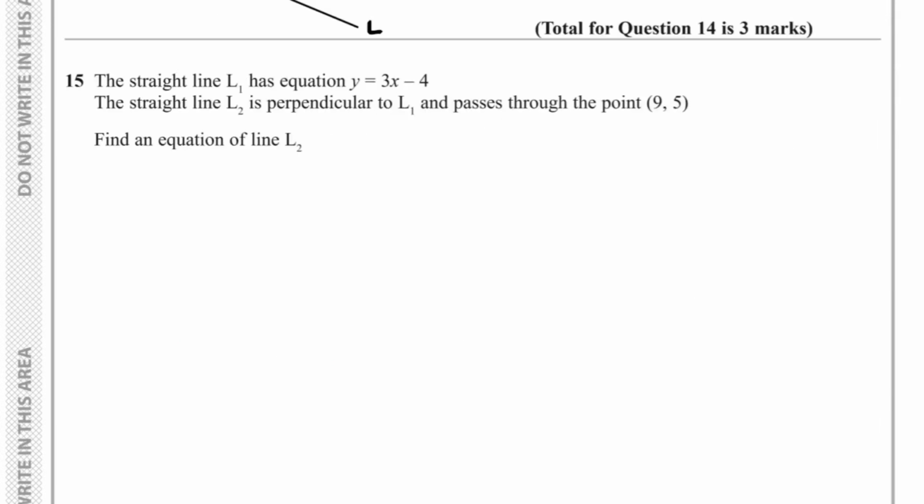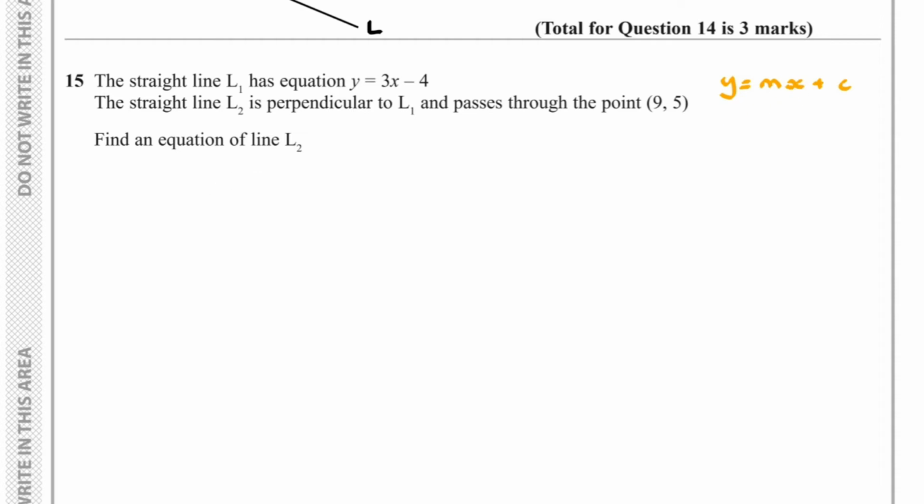Question number 15. The straight line L1 has equation y equals 3x minus 4. The straight line L2 is perpendicular to L1 and passes through the point (9, 5). We have to work out an equation of the line L2. First of all, equations of straight lines are in the form y equals mx plus c, where m is the gradient.